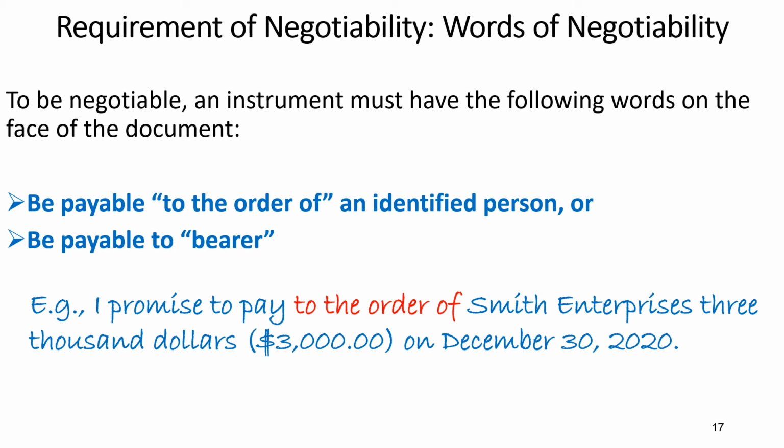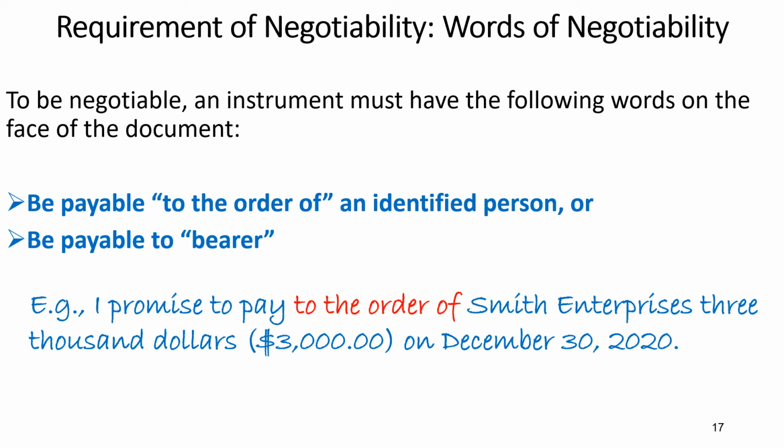You can consider this an accounts receivable, for those of you in accounting. These are assets. You've got promises to pay from customers who owe you money. If the instrument is negotiable, you could sell it in the present to a third party who would hold it and wait for it to mature, and then they would collect the money on December 30th.